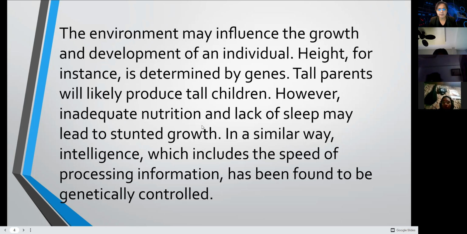In a similar way, intelligence, which includes the speed of processing information, has been found to be genetically controlled. It actually came from your parents.